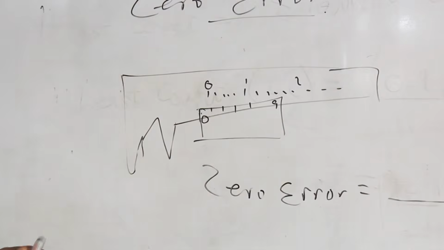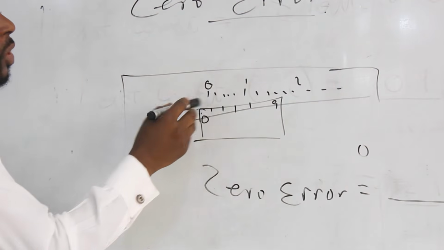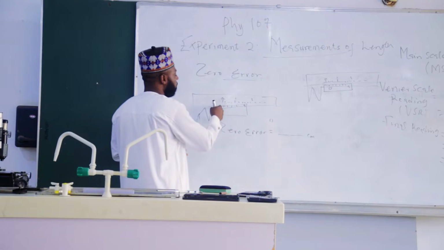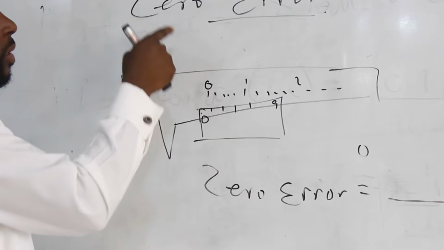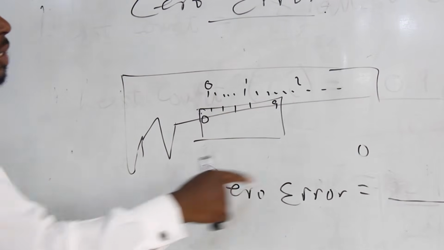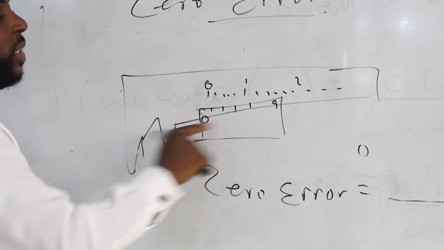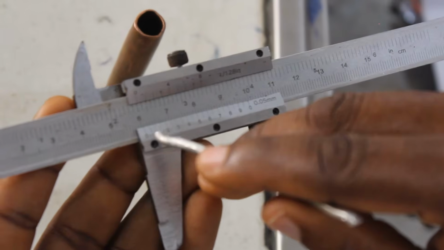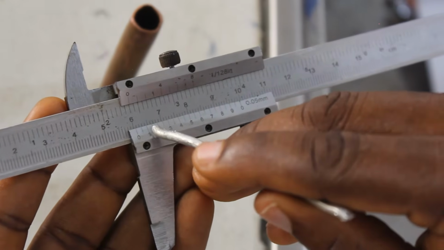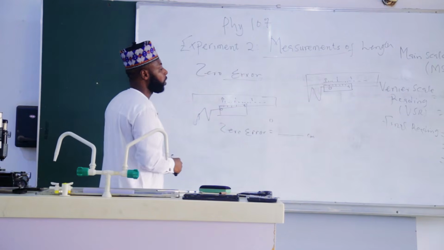You still need to look at the main scale reading, which will be 0 depending on what you have here, because we said it's always on the left hand side. Look at the zero mark on your vernier scale, you trace it down to the main scale to get your main scale reading. Then you look at the coincidence, that is the position of the division on the vernier scale that coincides with the lines on the main scale. So that is how you take your reading of your zero error.